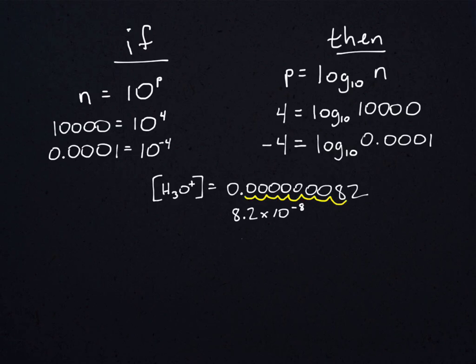If you click the 2ND button first, it shows up. You see log with a little parenthesis? Go ahead and push enter. Then type in 8.2. Remember, there's a button for times 10 to the on these calculators. We'll say negative 8th. Close the parentheses and push enter.